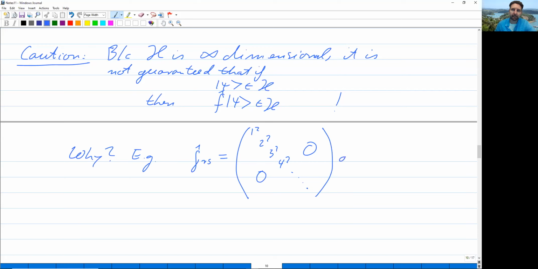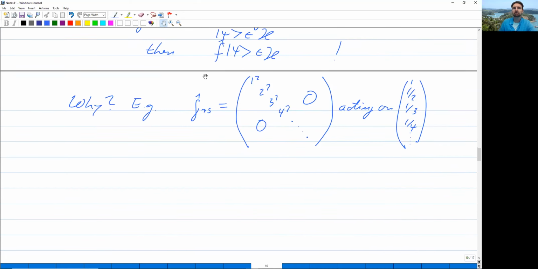And it's acting on, let's say, this column vector here: 1, 1/2, 1/3, 1/4, and so on. One might think, easy enough. The matrix is diagonal, everything looks fine. But, let's see, is this all legal?